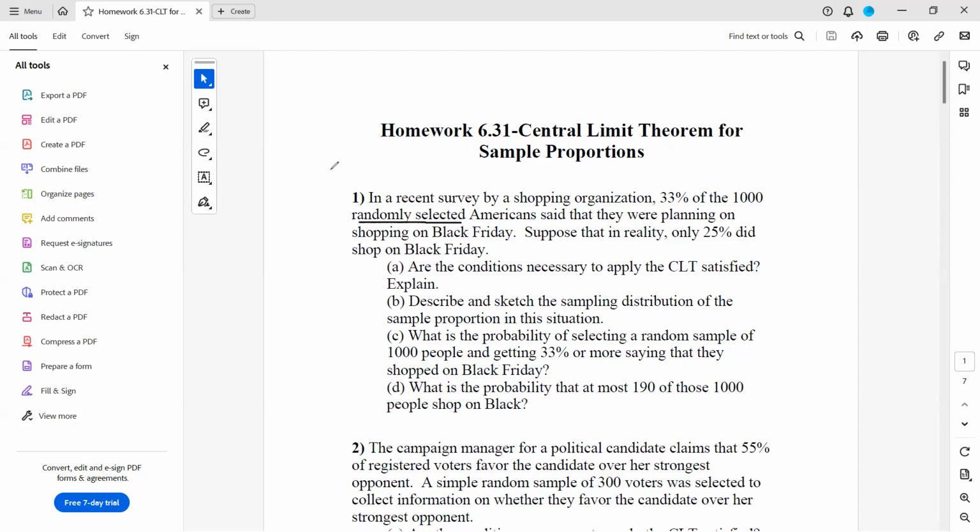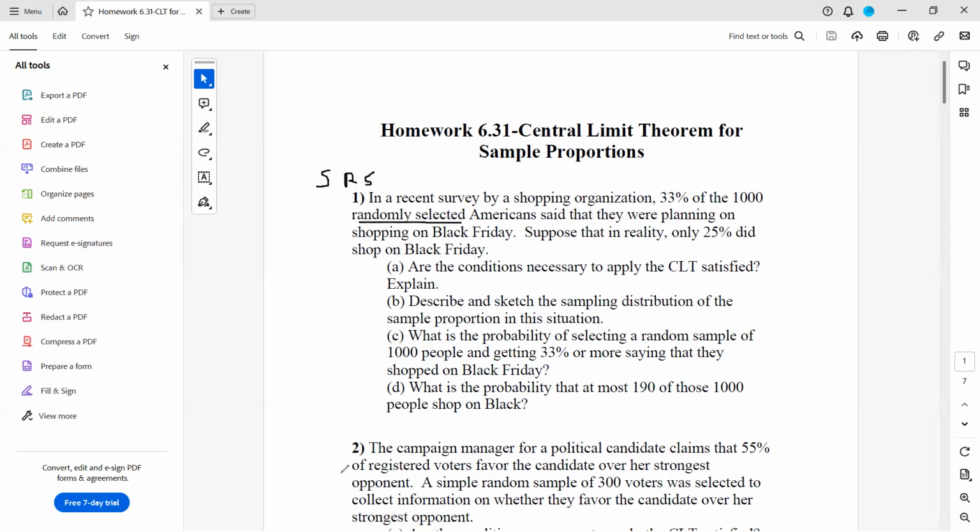Sometimes it says SRS for simple random. If you want to abbreviate it like that, you may do so. This is simple random, but there it is. It's stated.